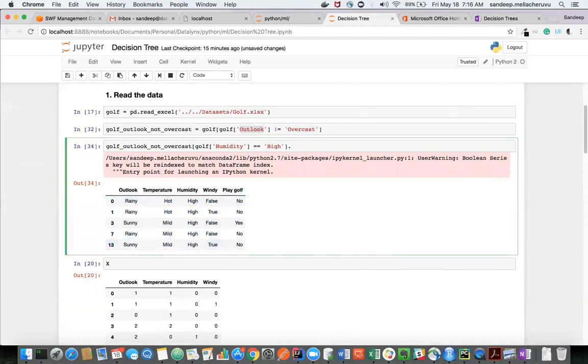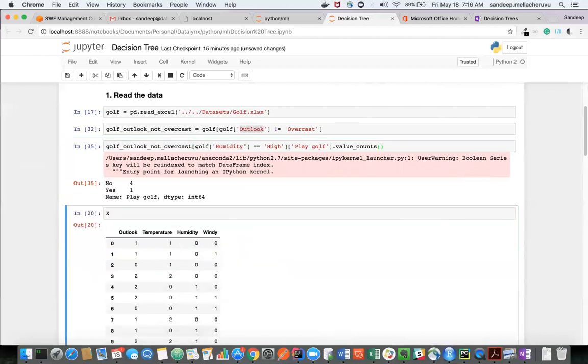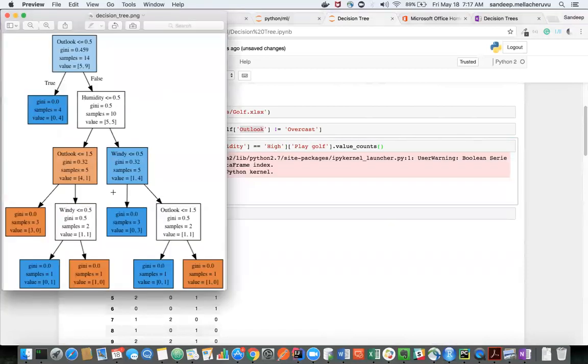Now, if I select play golf on this dot value_counts, then I'll be getting 4, 1. 4 is the no, 1 is yes.